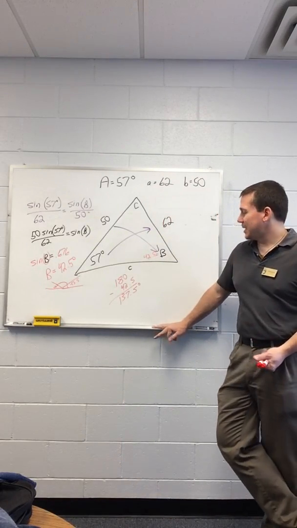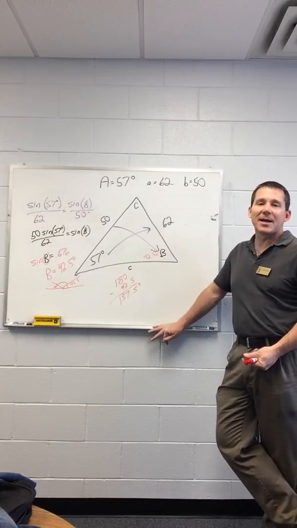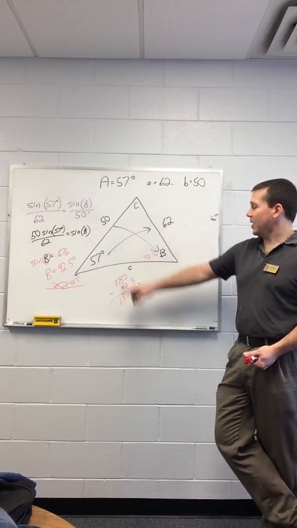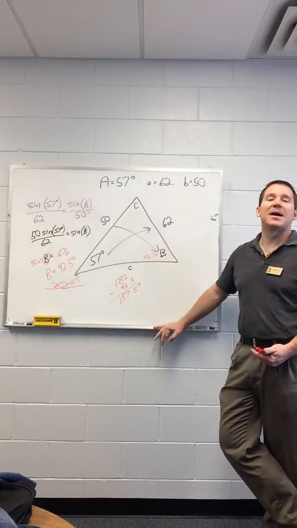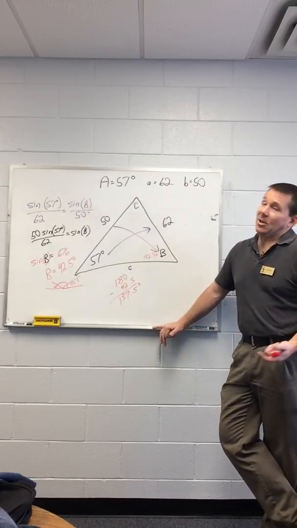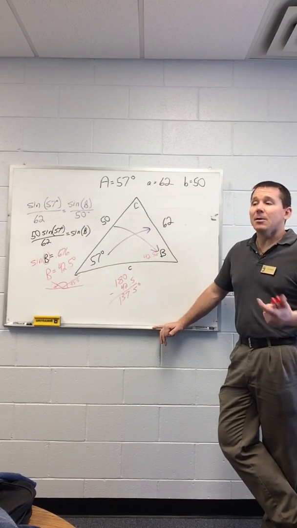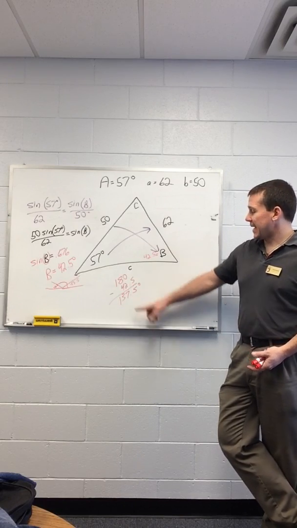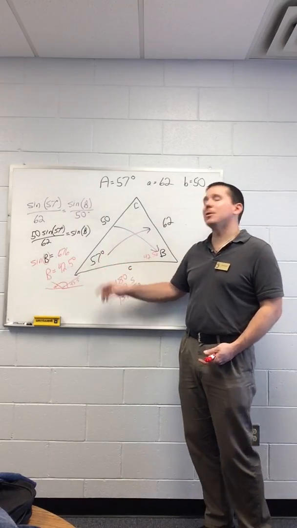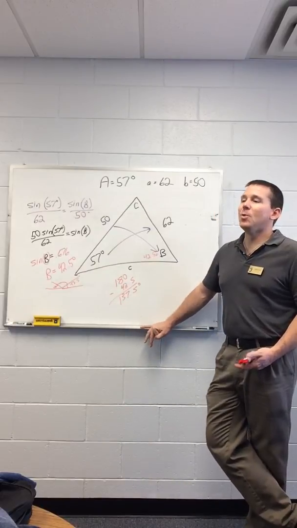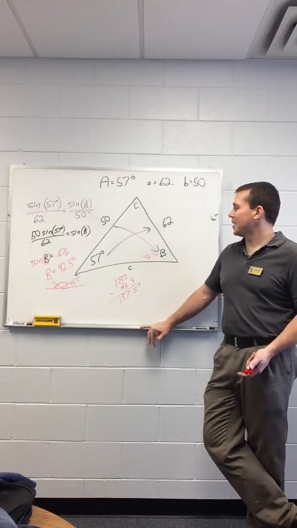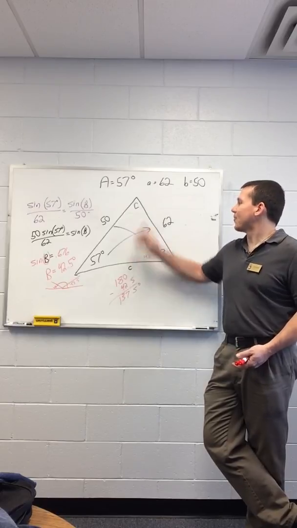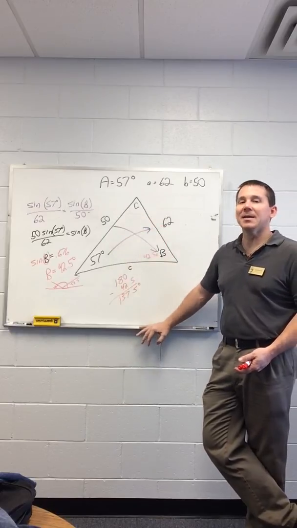And then you're left with the question, which of those is correct? 42.5 certainly seems to work. Does 137.5 work? It could. All you have to do to check is take this angle and plug it in with the angle you already know. If you end up with something less than 180 degrees, then it's a possibility, because all you need is for all three angles to add up to 180.